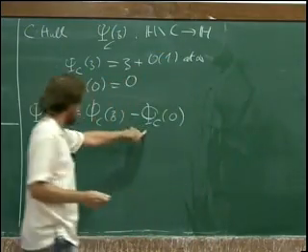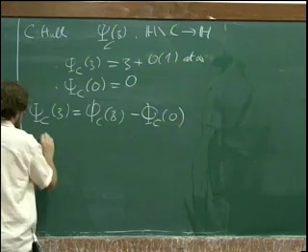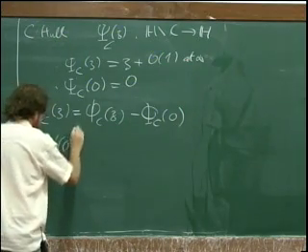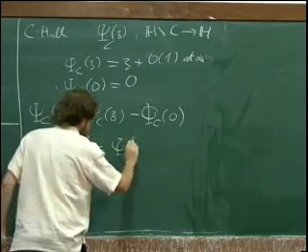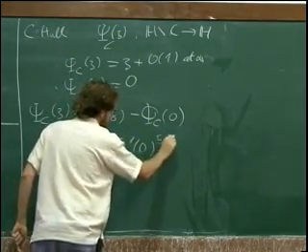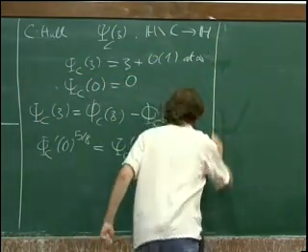Because of this, the derivative at 0 is the same. So phi_C prime of 0 to the power 5/8 is the same as psi_C prime of 0 to the power 5/8. This is just a play on notation to make things a little bit easier.